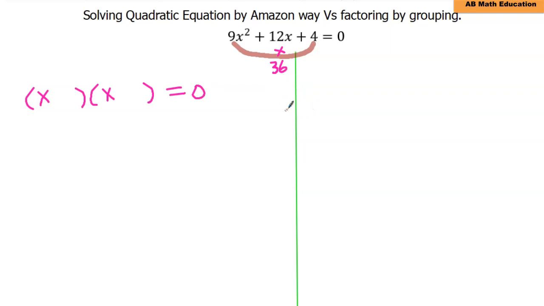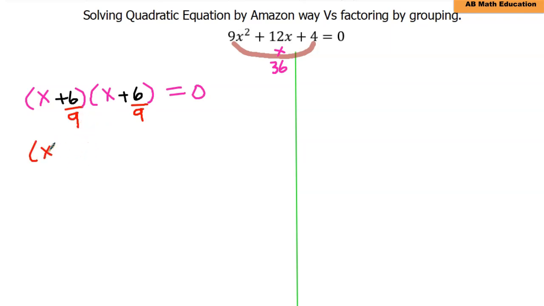What are the factors that multiply to give us 36, and when we add we get 6? It's going to be 6. Alright, so it's going to be positive 6 and another positive 6. We are using the Amazon way, so we take this leading 9 and divide it everywhere. So we divide it here and we divide it here, and then we simplify.